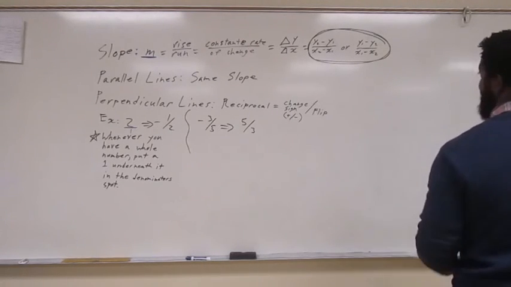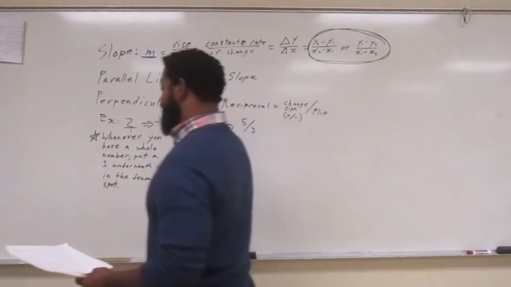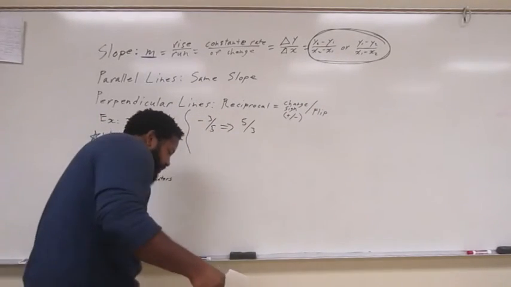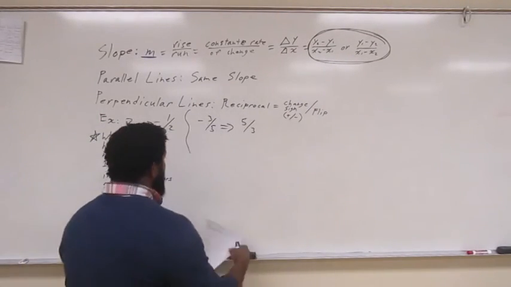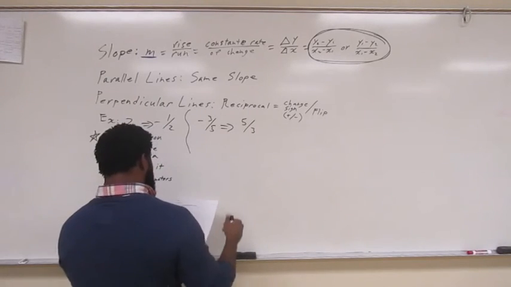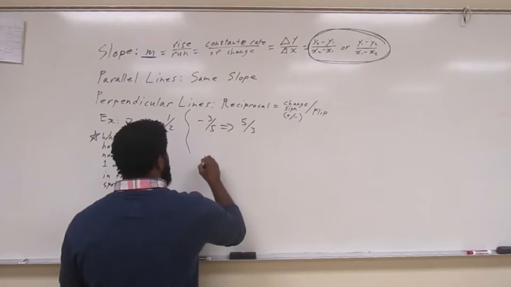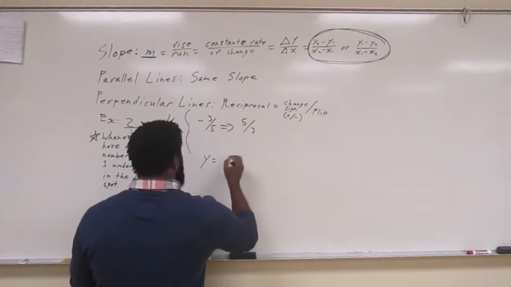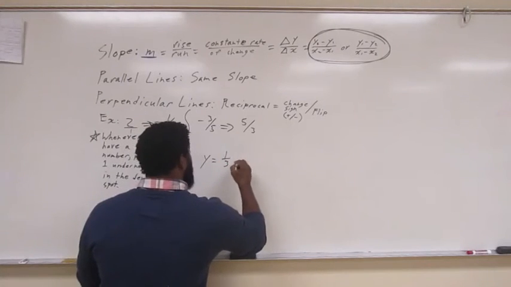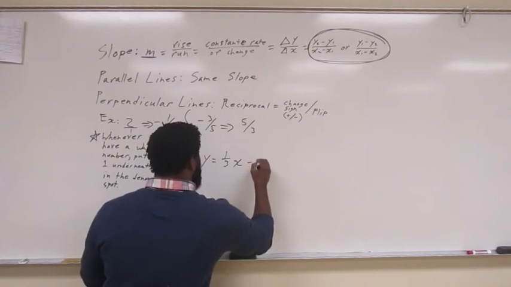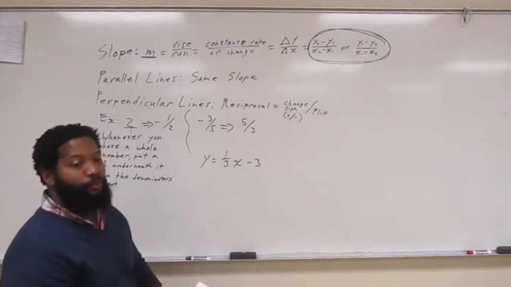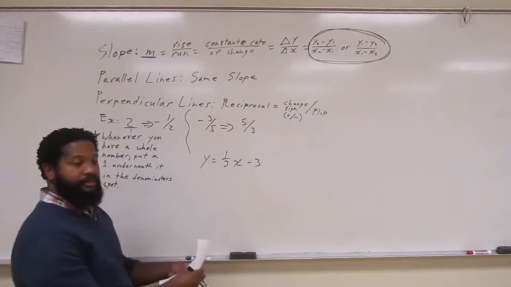So, for 9 and 10, when dealing with perpendiculars, you are asked to find what is the slope of a line that's perpendicular to this line. What is the slope of a line that's perpendicular to this line?